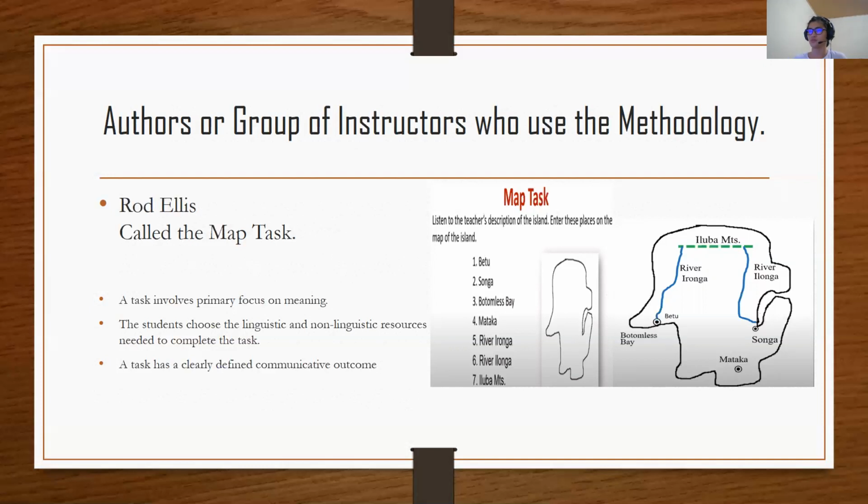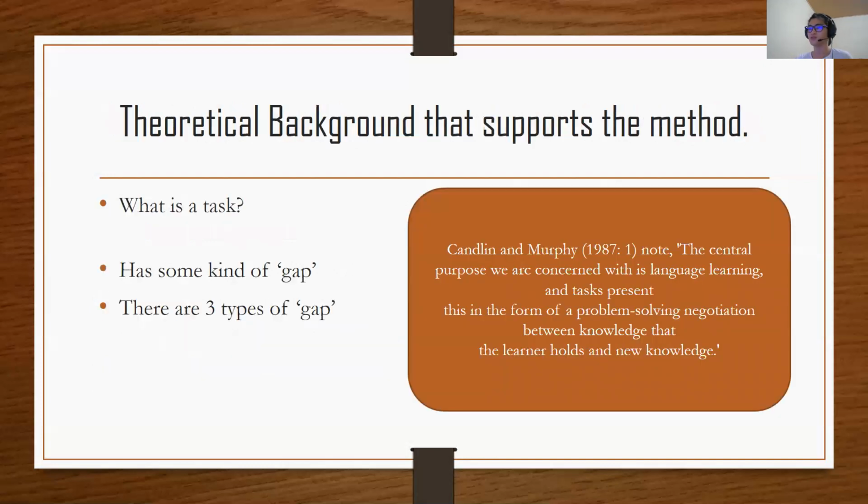I'm going to move on. Theoretical background that supports the method. So, what is a task? I already explained. It has some kind of gap. So, the gap is between the teacher and the student.